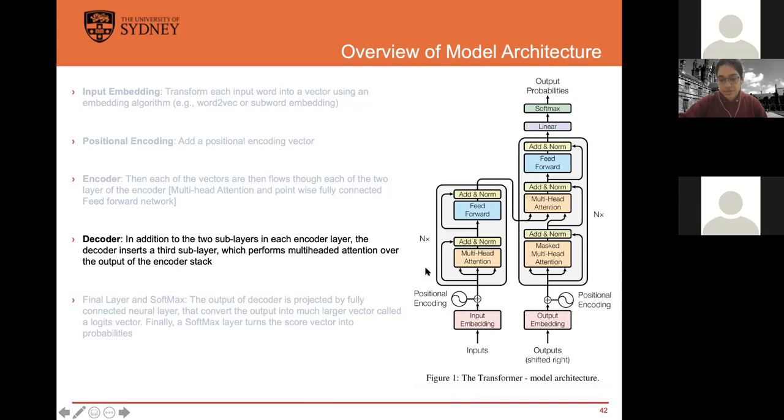In addition to the two sublayers that we have seen in the encoder layer, the decoder has a third sublayer which performs multi-headed attention over the output of the encoder stack. It's also known as the encoder-decoder attention layer. I'll discuss that in this slide.